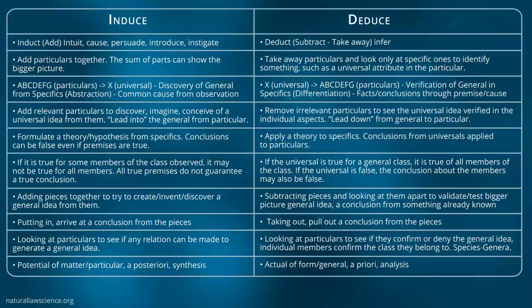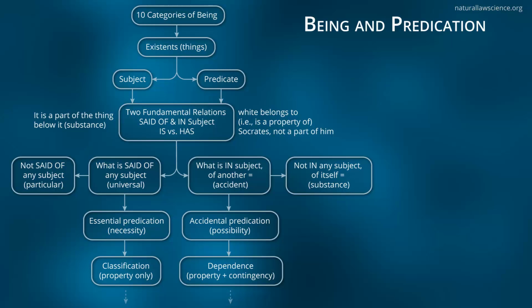Image infographic number 12. Now we're getting into being and predication. I'm going to relate it to being from infographic number 10. So we have the 10 categories of being, then we have the things that exist, so that's substance, and the non-substance, which is predicated upon those things. Anyways, we're going to get more into that.